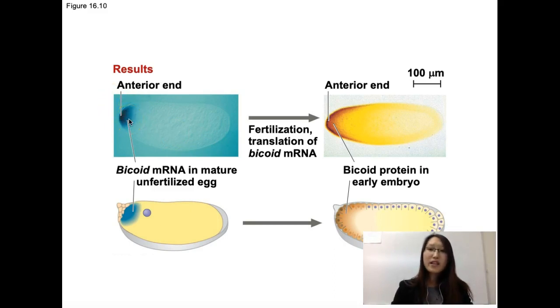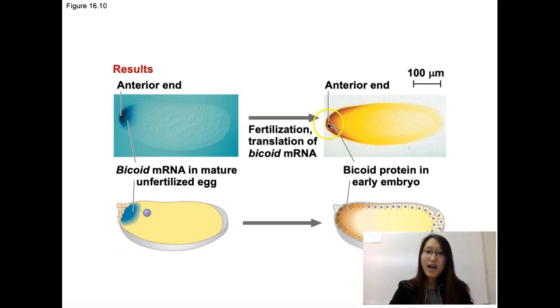And then once it's fertilized, this fertilized egg becomes an early embryo, which also takes a similar shape, but this is one cell, this is many, many cells. And what happens is this mRNA is going to make proteins that get distributed in the early embryo as well.